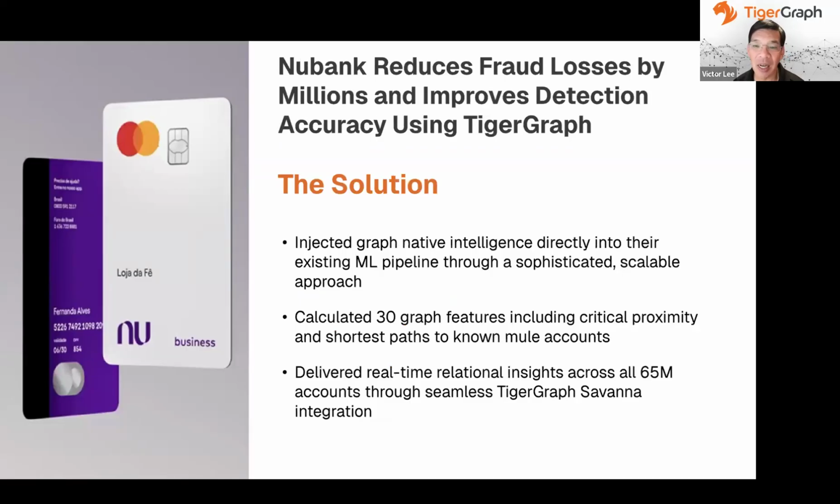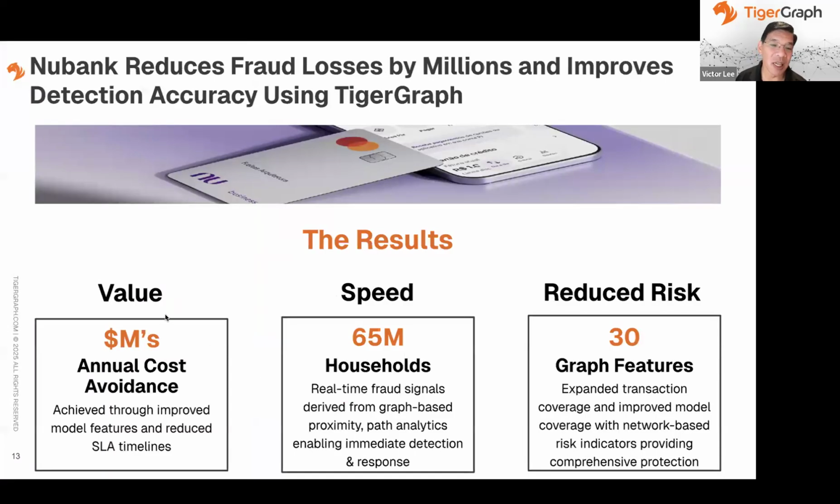Again, using TigerGraph and our native graph, the analytics, the intelligence that you get integrating into the machine learning pipeline. In this case, 30 graph features used in real-time analytics to find things such as proximity to known mule accounts, community detection to group accounts together. Again, it delivered the real-time insights that helped improve their capability, saving millions of dollars per year, across 65 million households.